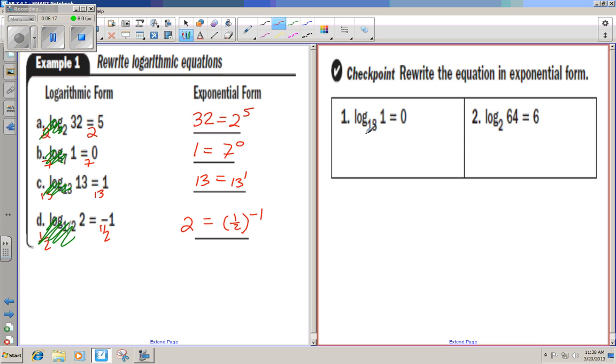So log base 18, exponential base 18. So 1 equals 18 to the power of 0. Here, log base 2. You make this into an exponential by using base 2. So 64 is equal to 2 to the power of 6. You have converted it into exponential form.